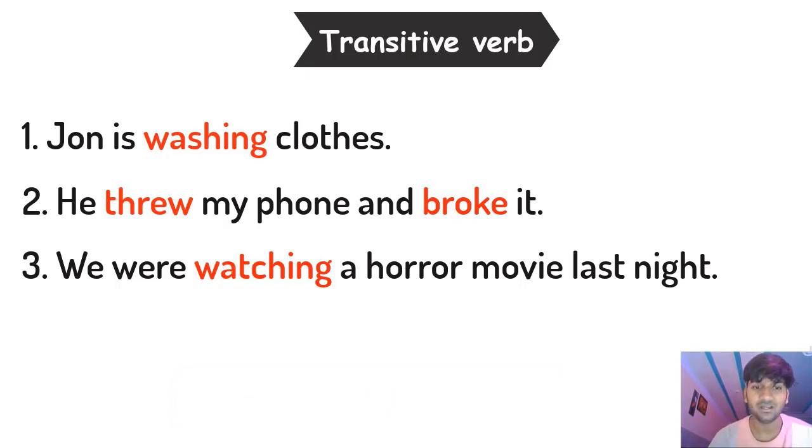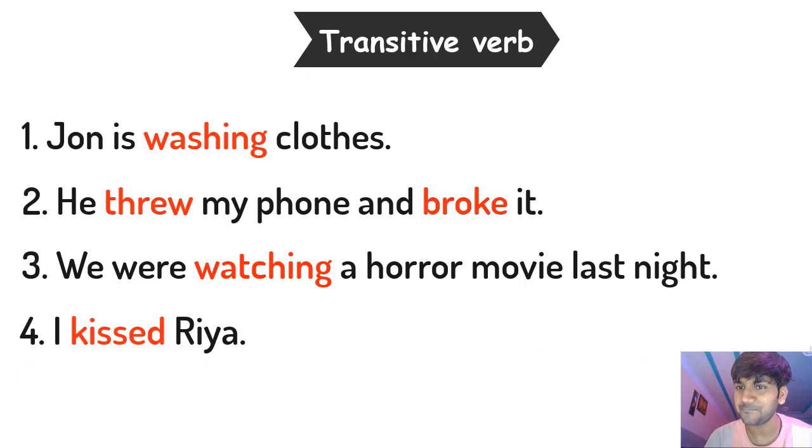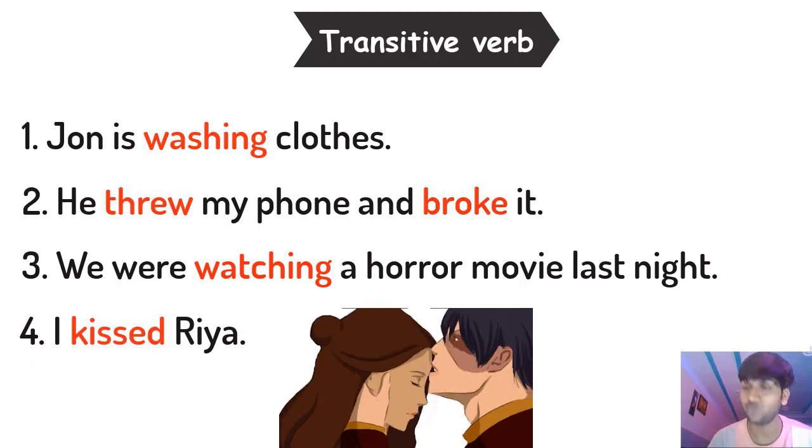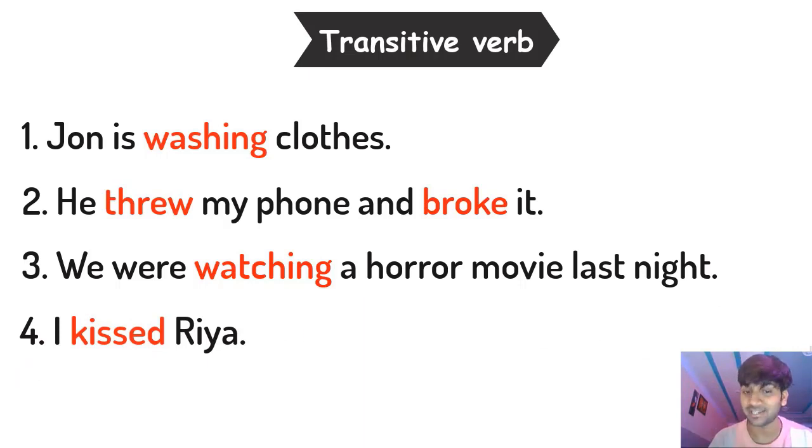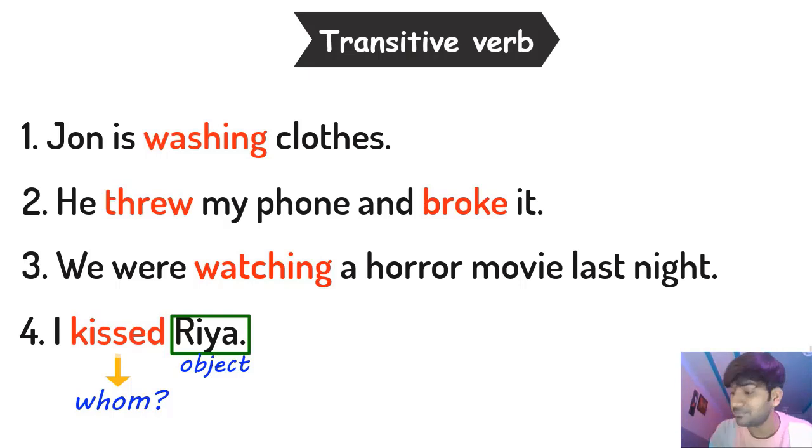One more example. I kissed Ria. You can kiss somebody, right? Or something. You can kiss something or somebody. Who did I kiss? I kissed Ria. So Ria is the object of the verb kiss. I can kiss my phone. I can kiss my remote.